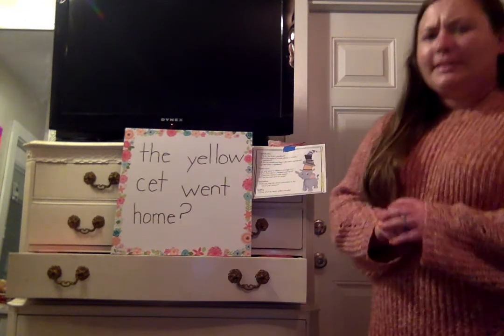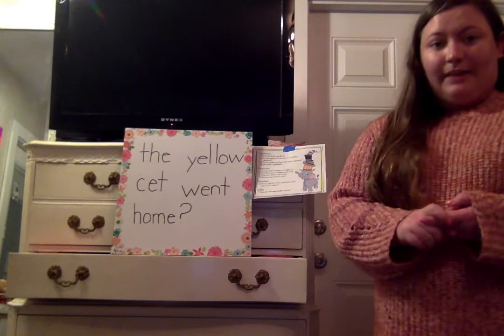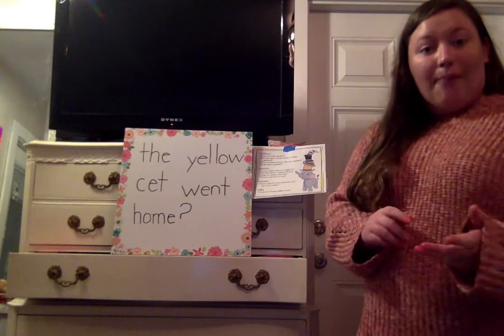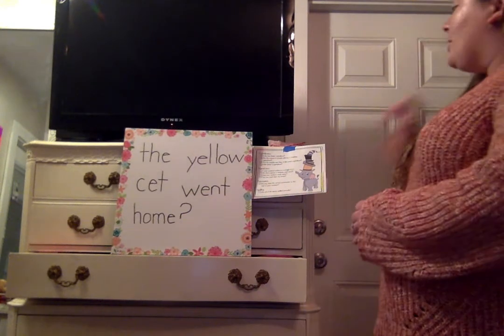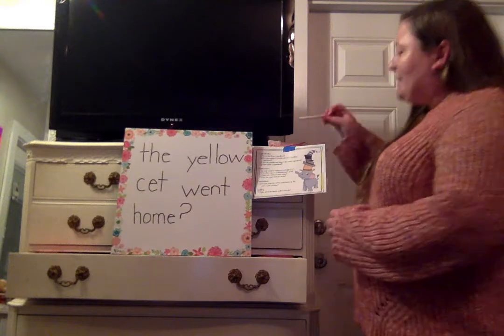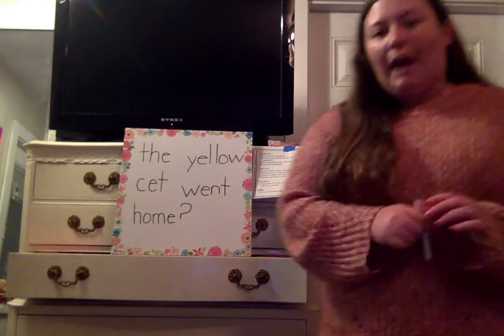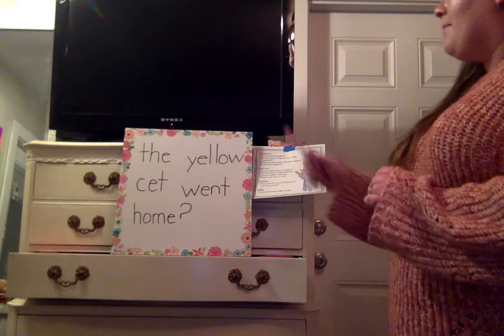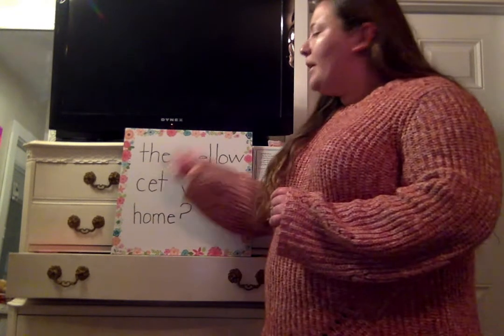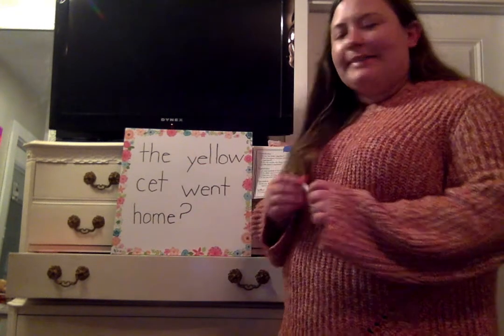The very first thing in CAPS is the C. The C stands for capitalization. The first thing I'm going to look at is, is the first letter capitalized? So I'm going to look at my sentence. My first word is the. Oh, that is a lowercase t.